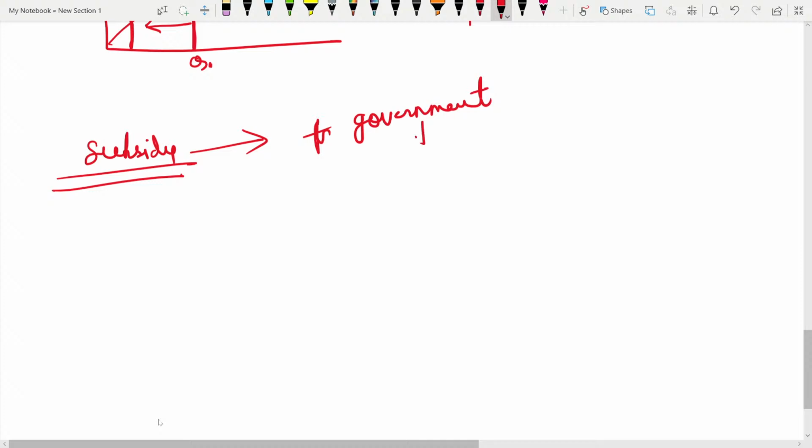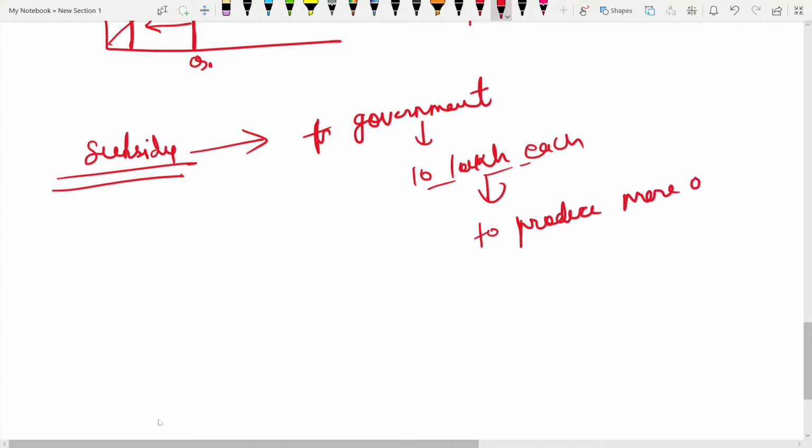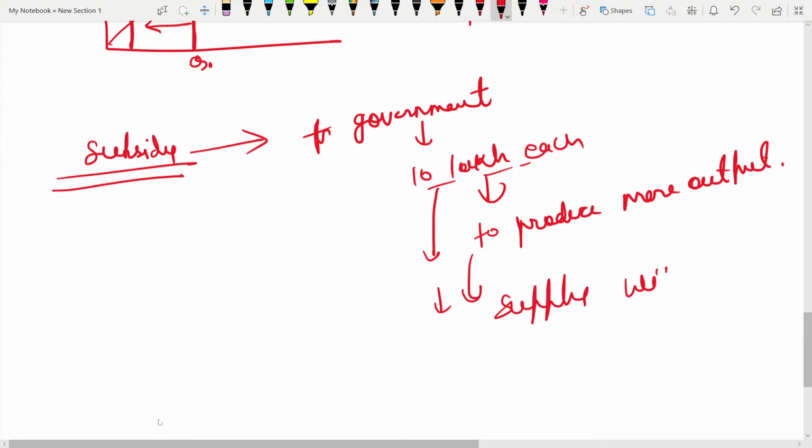Let's suppose each firm gets a credit of 10 lakh to produce more output. As they got incentives of 10 lakhs, they are able to produce more of the goods, and therefore automatically supply will increase.